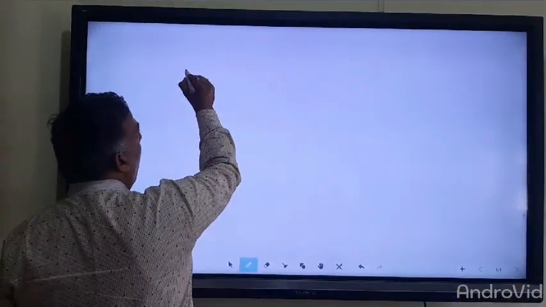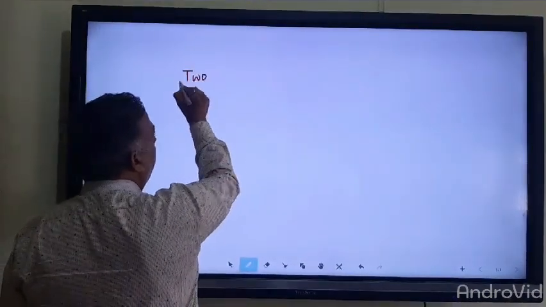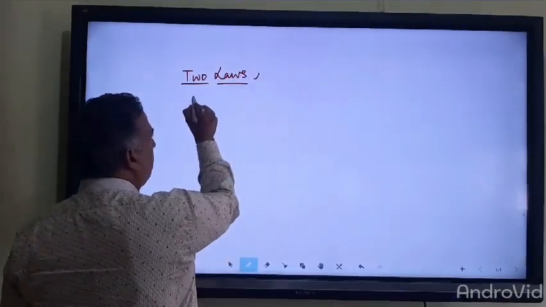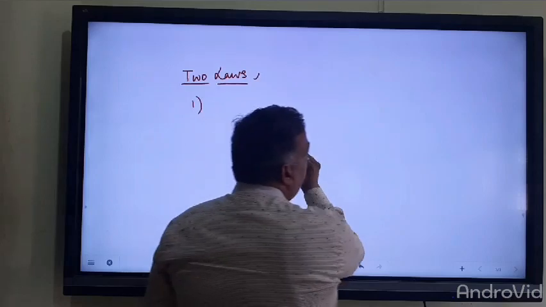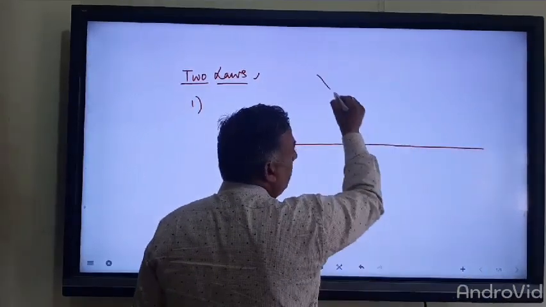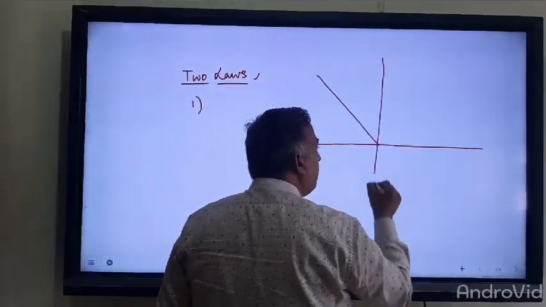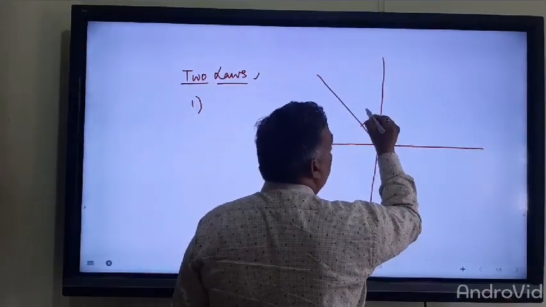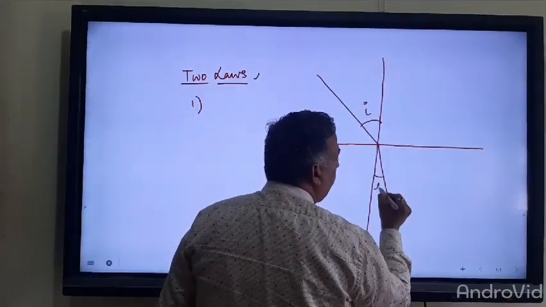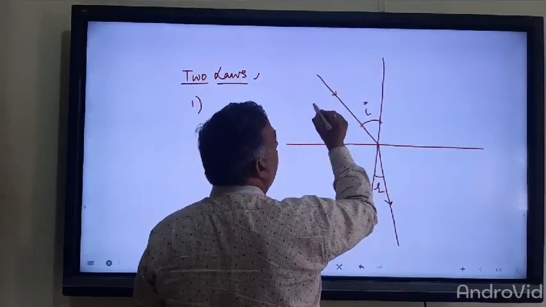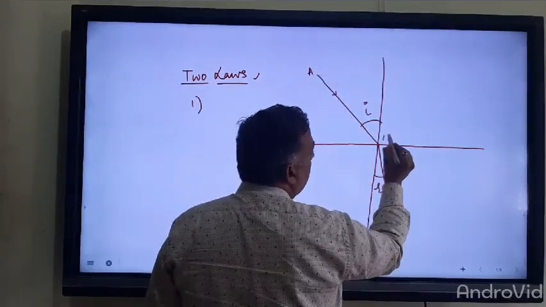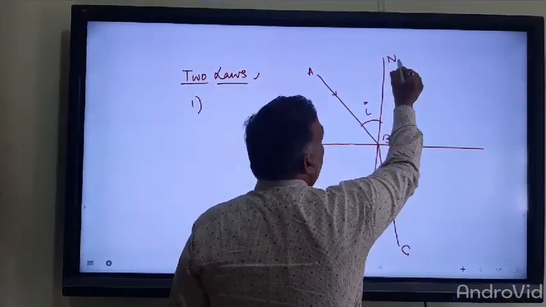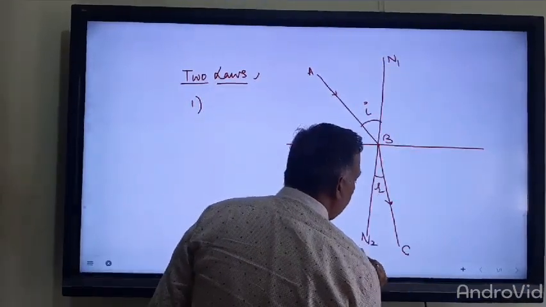In this case there are two laws of refraction. Number one: here I am denoting the incident ray and the refracted ray, and this is the normal. This is the incident angle, this is the refracted angle. AB is the incident ray and BC is the refracted ray, and N1 N2 is the normal.